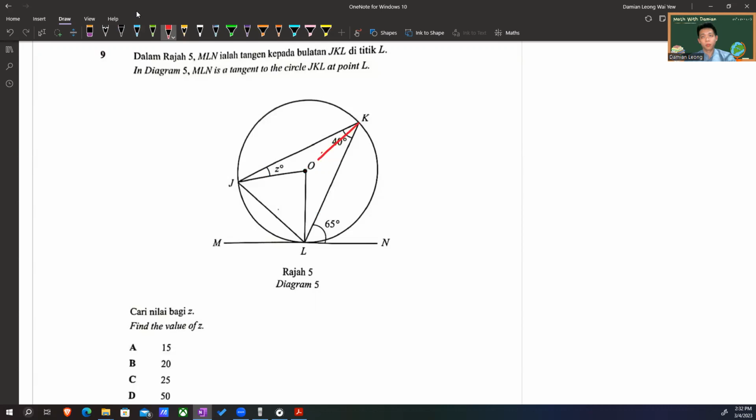Now, here we know it's 90. So I can find this angle: 90 minus 65, which is 25 degrees.